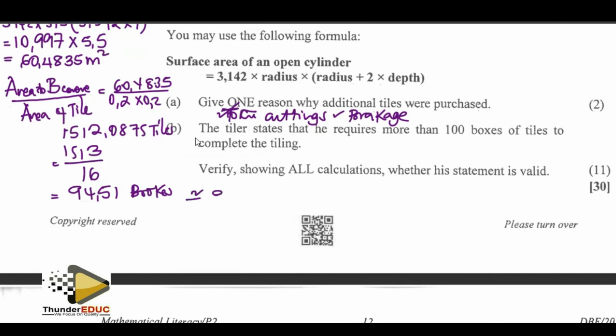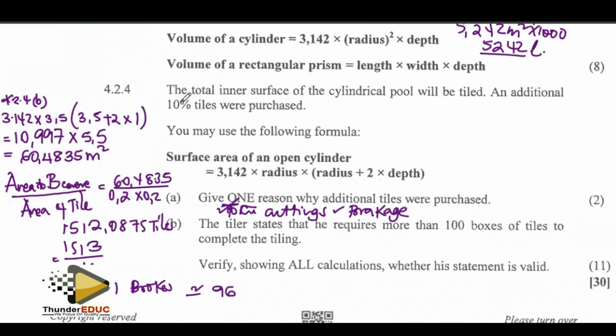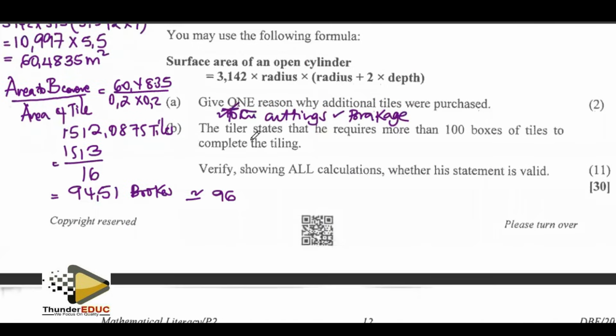So this stands at 96. But remember, he has to cater for 10% purchase more, additional 10%. So we multiply by 1,1.